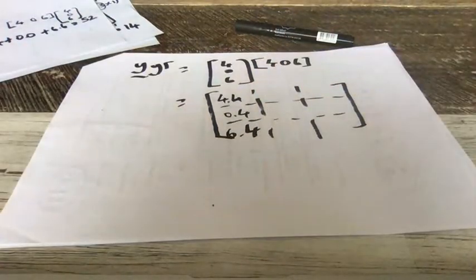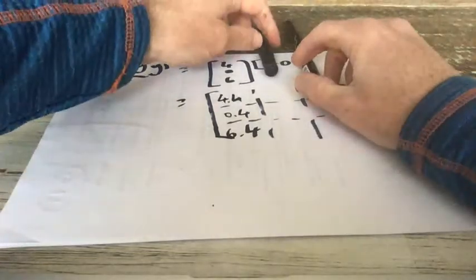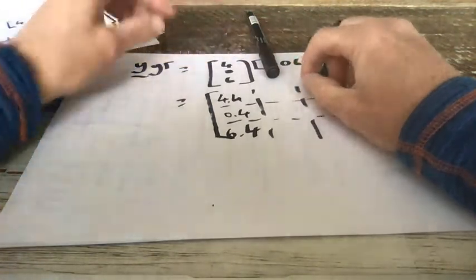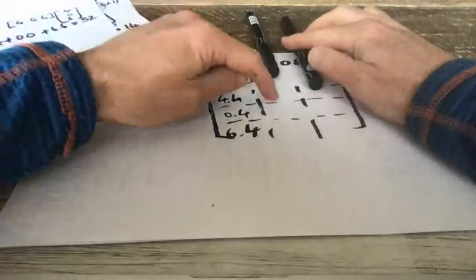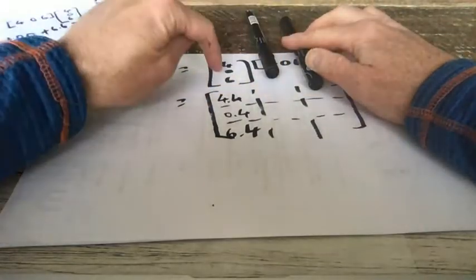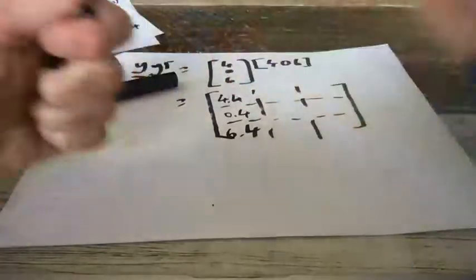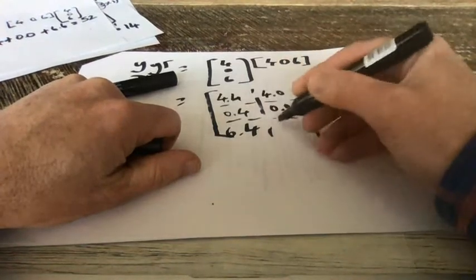To get the second column of your product matrix, you look at the second column of the second matrix that you're multiplying, and you multiply each row by that column. So this entry here is going to be 4 by 0, this entry is going to be 0 by 0, and the last one is going to be 6 by 0.